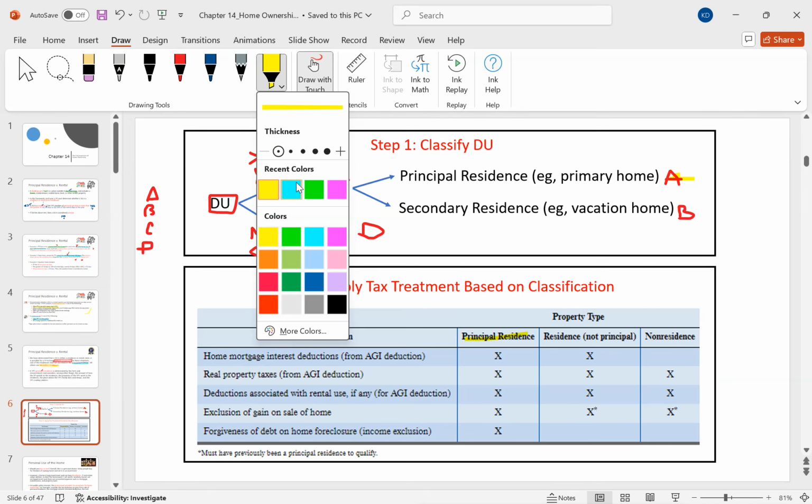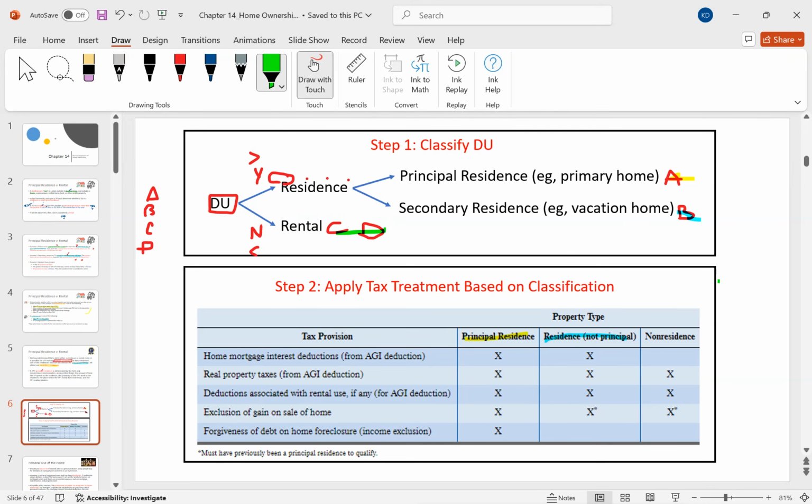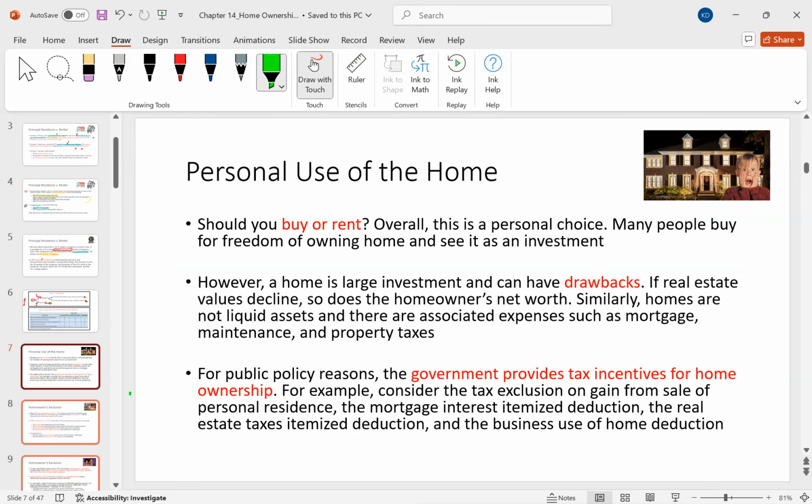Your secondary residences are still going to get a lot. And then your rentals, right, they're going to get some of the benefits. We'll look at each of these, but if you want a high level summary of what's going on, that's pretty good to look at.